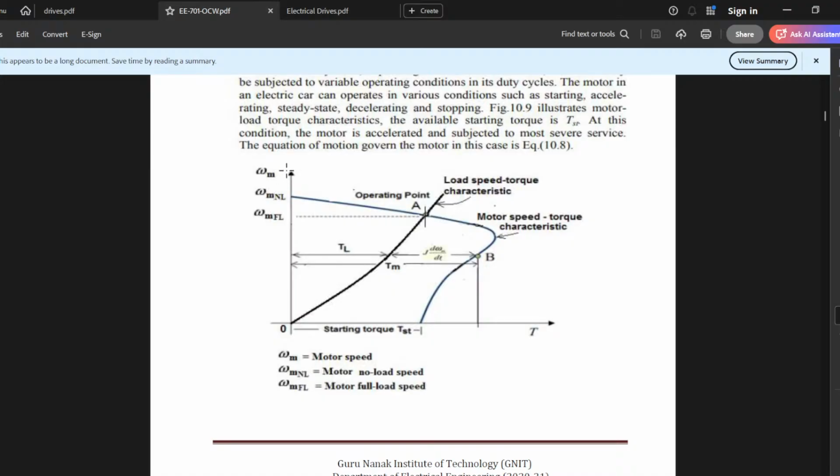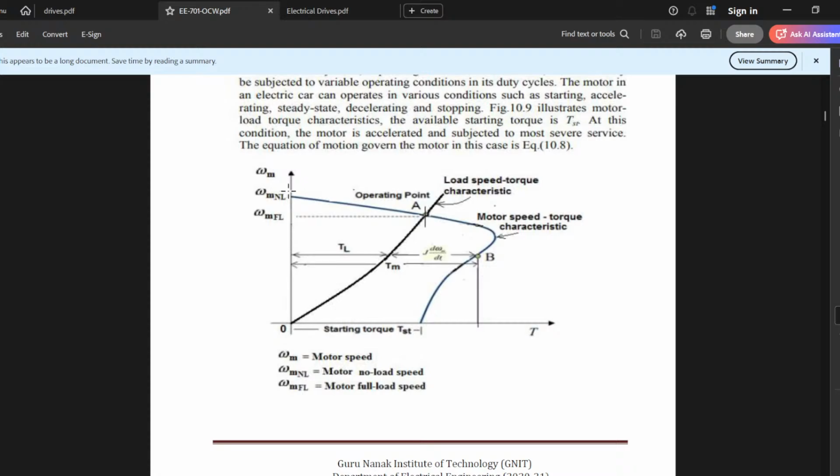The torque goes like the shunt motor. Load speed torque is very similar to linear, and this is the motor speed torque.